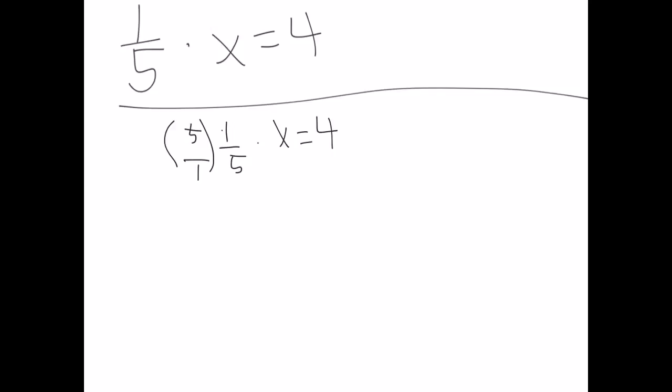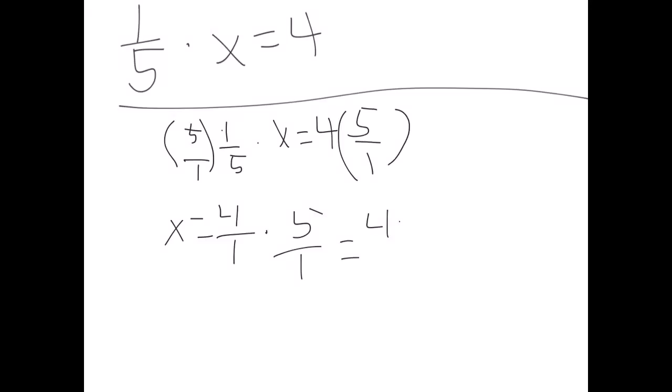So since you get the reciprocal, you put it next to the 4. So it's 5 over 1. And then you're going to want to do x equals 4 over 1 times 5 over 1. That equals 4 times 5 over 1 equaling 20 over 1, which equals 20.